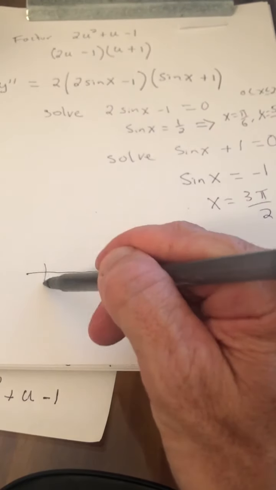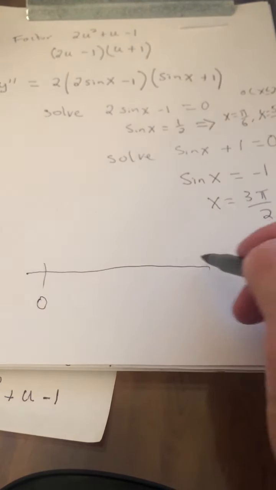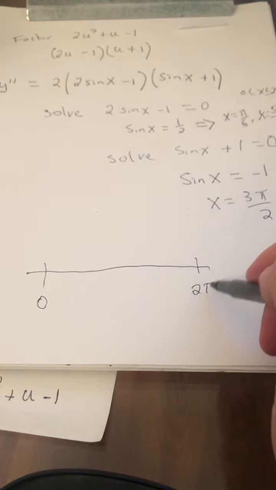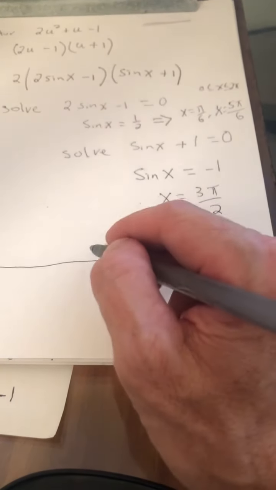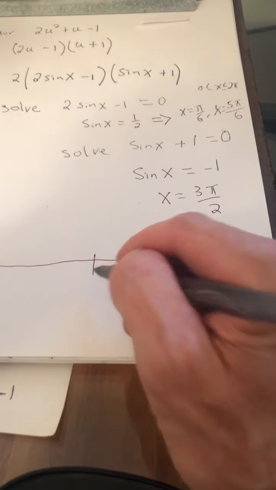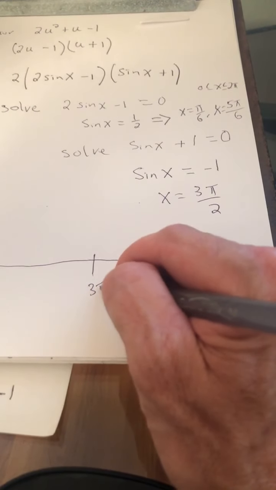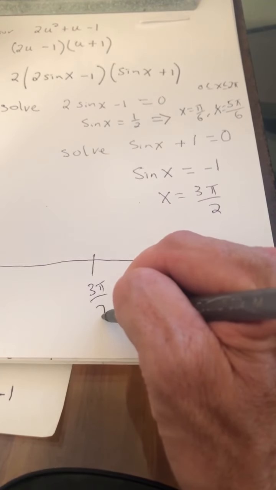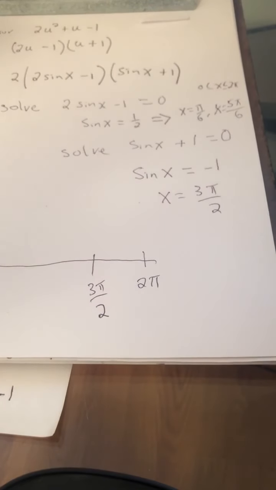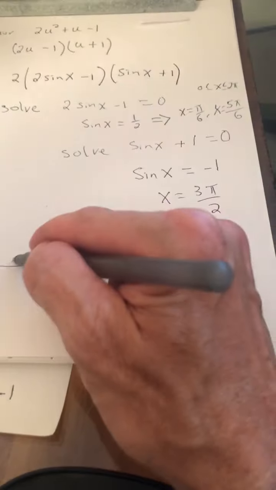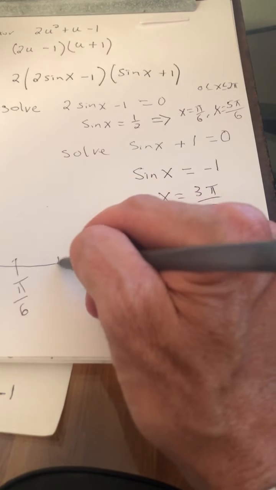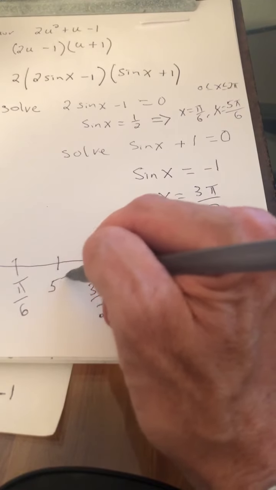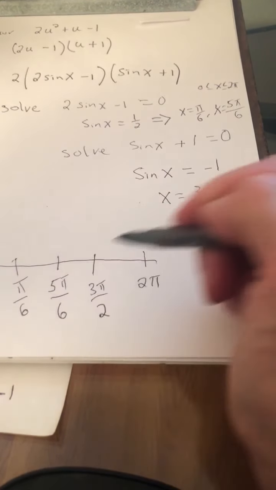So remember, we're from 0 to 2 pi. The values of x that cause the second derivative to be 0 are pi over 6 and 5 pi over 6.